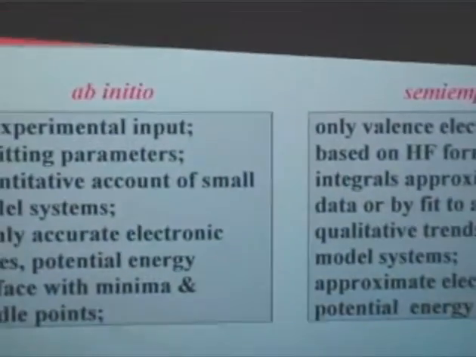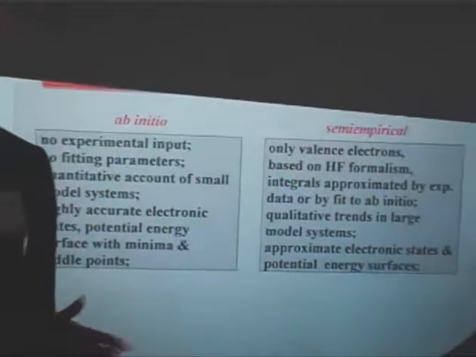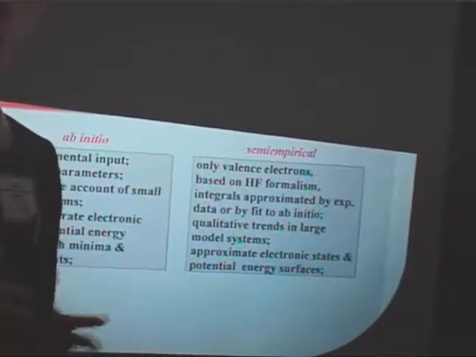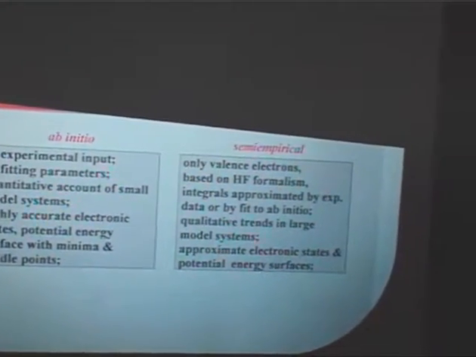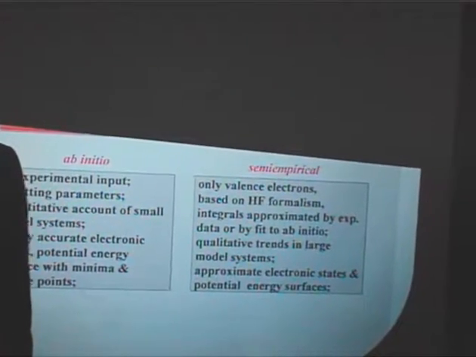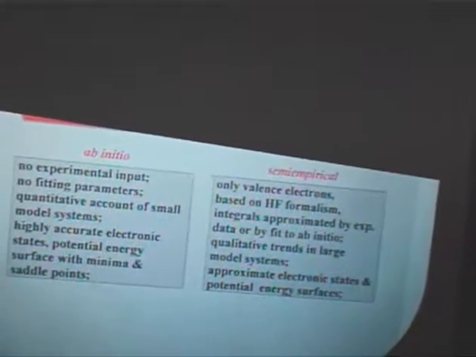As far as the physical or chemical model is concerned, we can have two approaches: the ab initio approach or the semi-empirical approach. The ab initio approach means that we do not use any empirical or fitting parameters. We are treating all electrons, and we can proceed either through the Hartree-Fock scheme or the very fashionable now density functional scheme.